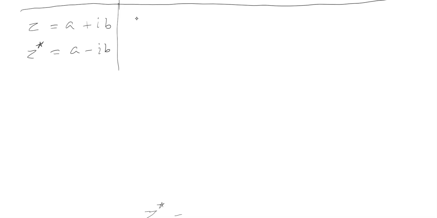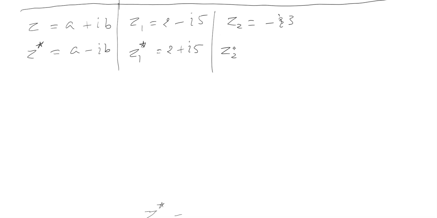Okay, so if z1 is 2 minus i5, what is the conjugate of z1? It is 2 plus i5. If you are given z2 as minus i3, what is the conjugate of z2? There is no real part, so simply plus i3.